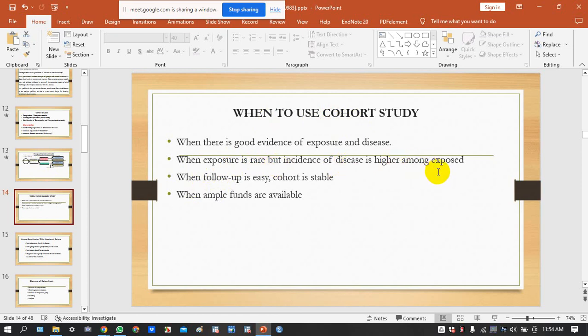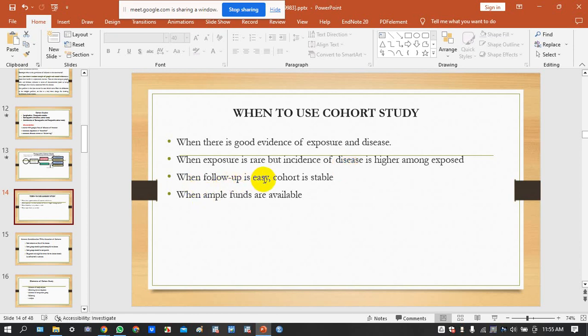When the risk factors are unknown, for instance, in 1983, HIV: the incidence was there, but we didn't know what causes HIV. Any new disease will come, incidence can be high, it can be spreading, but you may not know what is causing the disease. So the risk factors are not there. So we have to conduct a cohort study, a follow-up study, and follow the disease and see the dynamics of the disease.